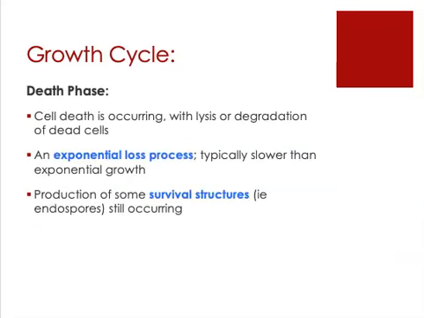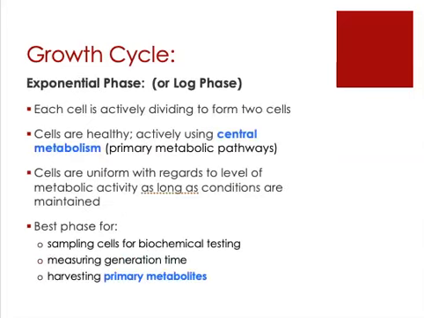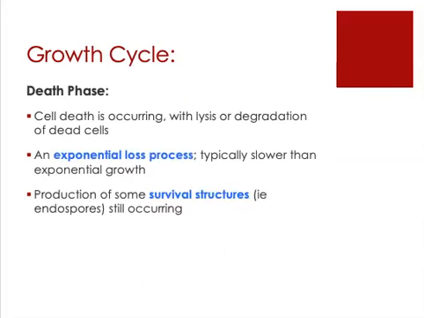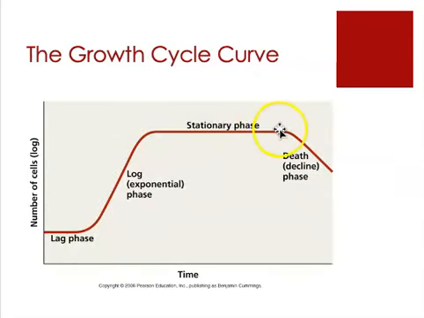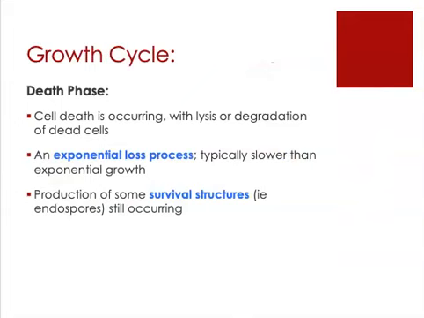Ultimately, the cells are going to leave the stationary phase and enter the death phase. And during the death phase, the cell number will drop. If you recall, the death phase, which is the last one, shows a decline in the cell number over time. So what's happening? Well, cell death is occurring at a rate that is faster than new cells are being produced.